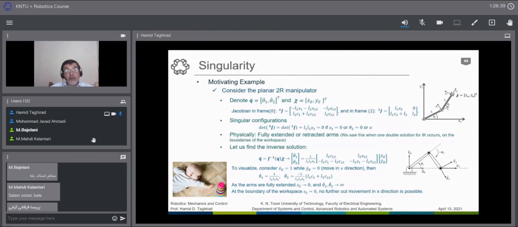When we'd like to find the workspace, we might have some limitation on thetas, but we might also have limitations on theta dot and theta double dot, even acceleration limitations.